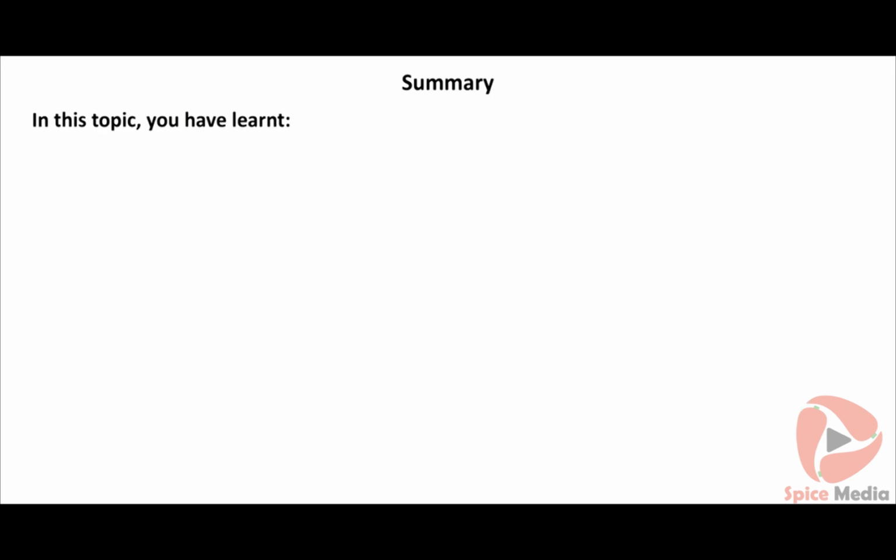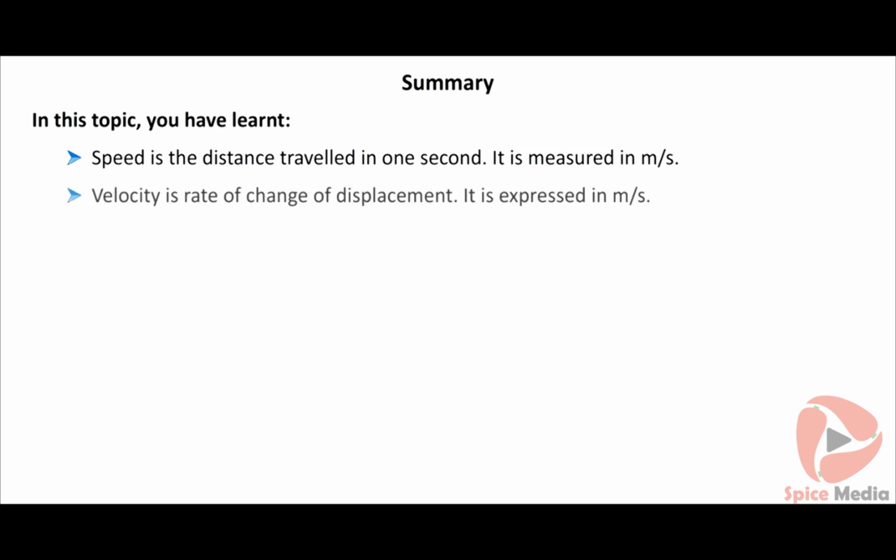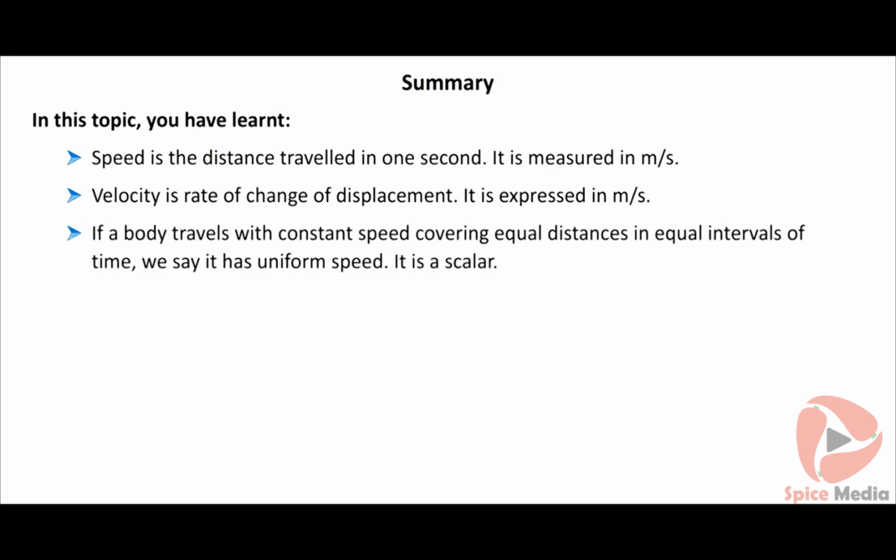In this topic, you have learnt speed is the distance travelled in 1 second. It is measured in meter per second. Velocity is the rate of change of displacement. It is expressed in meter per second. If a body travels with constant speed covering equal distances in equal intervals of time, we say it has uniform speed.